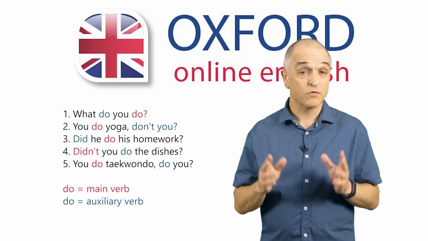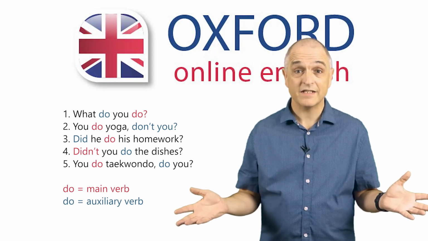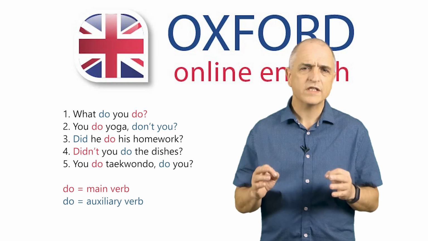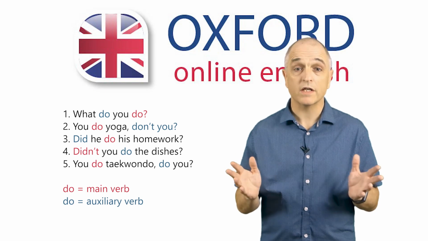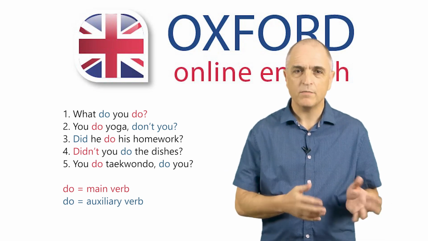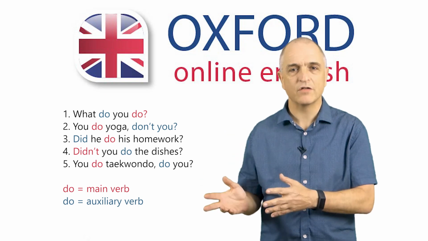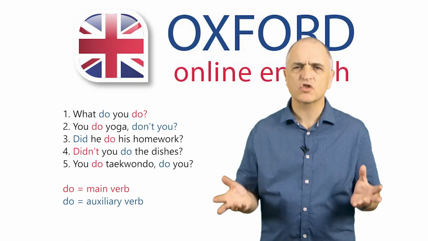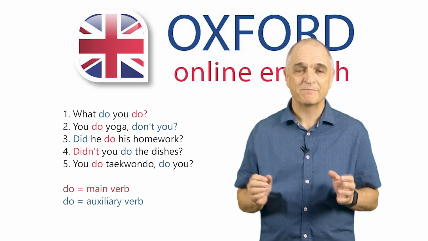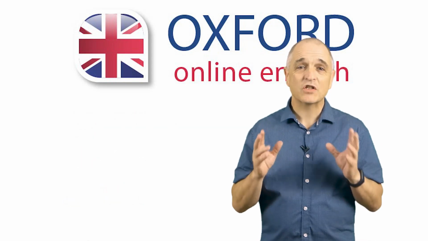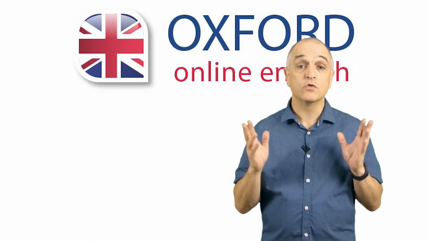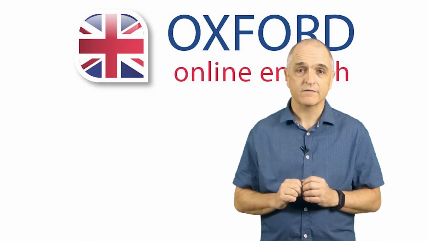It can also do both things in the same sentence. All these questions use do twice, once as a main verb and once as an auxiliary verb. This is extremely common in English.